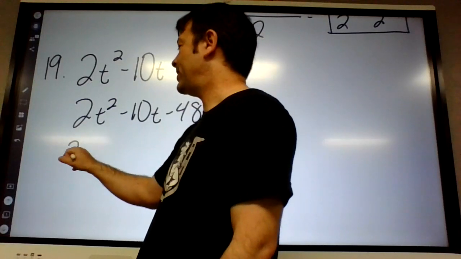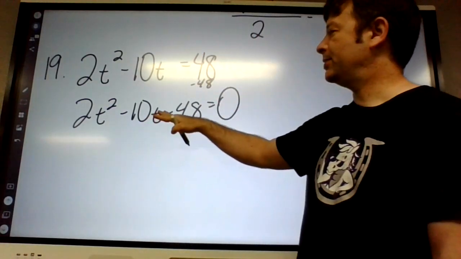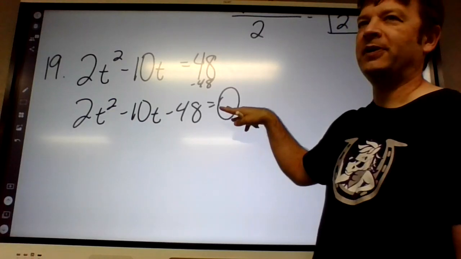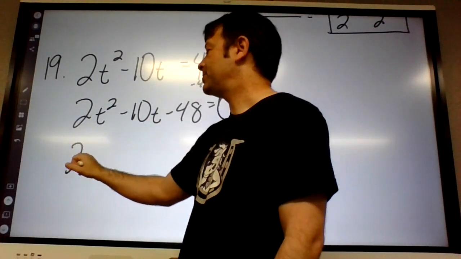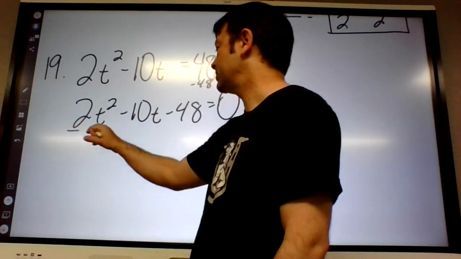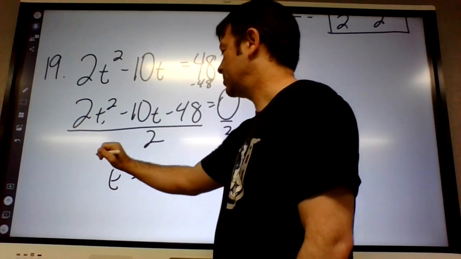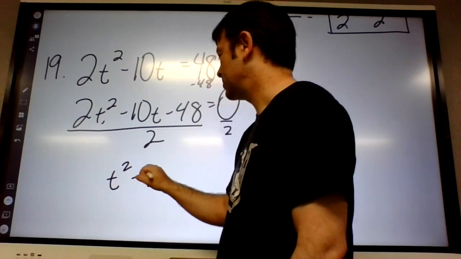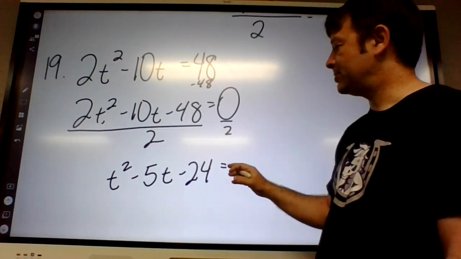So in the past, we've taken a 2 out like this. However, if you are doing an equation, you can just divide both sides by 2 and it's okay. So we can just divide both sides by 2, so it would be t squared minus 5t minus 24. 0 divided by 2 is still 0.